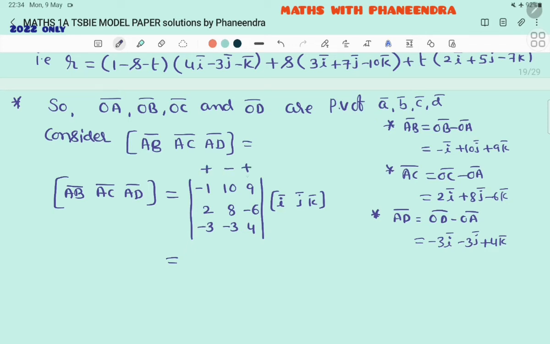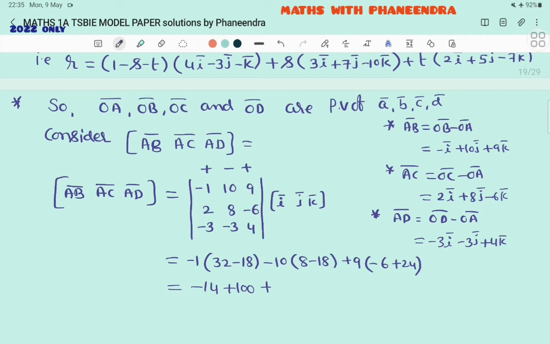That means the fourth point D is also lying on that plane. So minus 1 into (32 minus 18), minus 10 into (8 minus 18), plus 9 into (minus 6 plus 24).